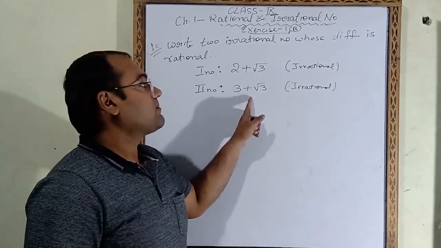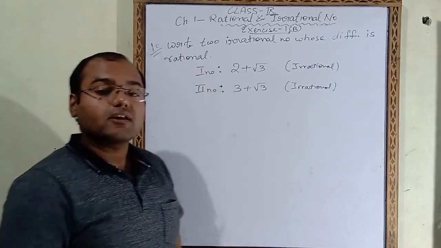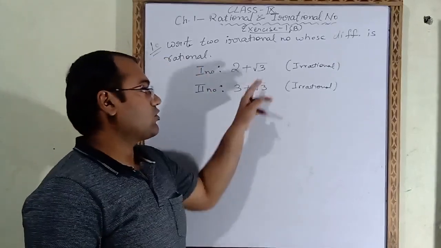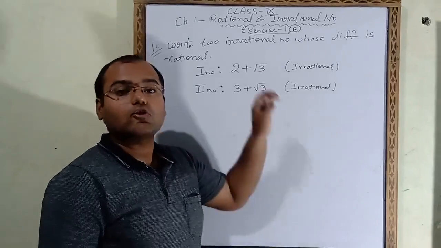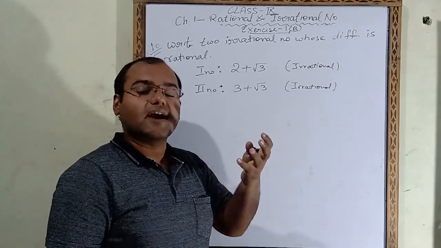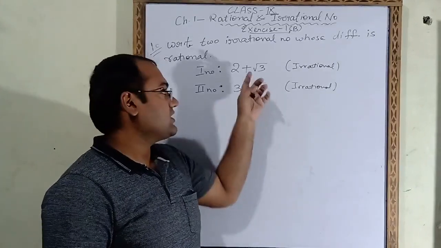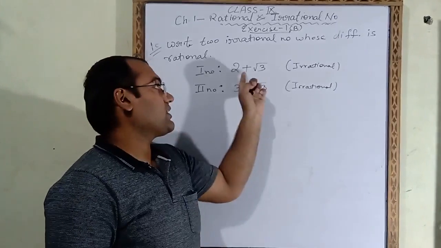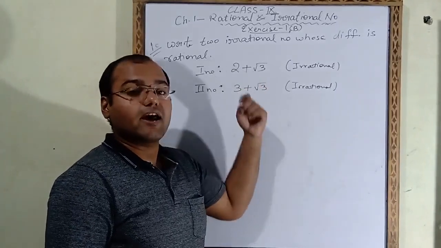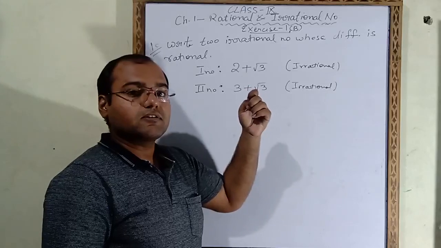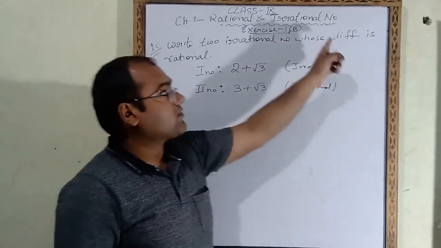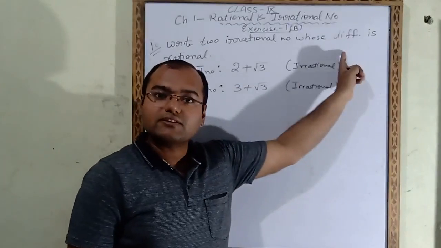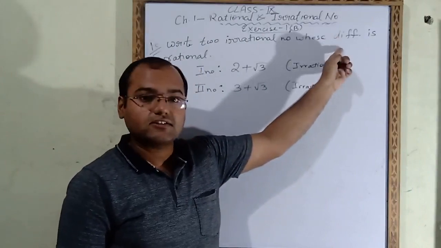Why positive? In the answer we need rational. Rational means root 3 should not be there in the answer. In order to cancel these root 3, the sign should be opposite, then only these two will get cancelled. But I am taking the same sign. Why am I not taking opposite sign then? Because here we have to do difference. Difference means minus.